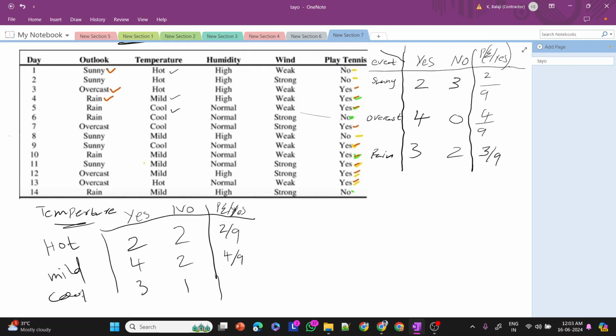When it was cool, when he played, the probability is 3/9. For the event given that he does not play the game, let's compute this.